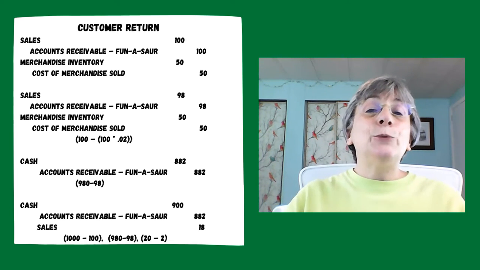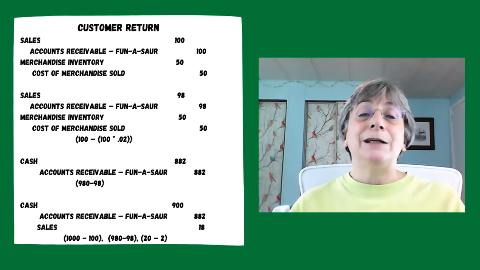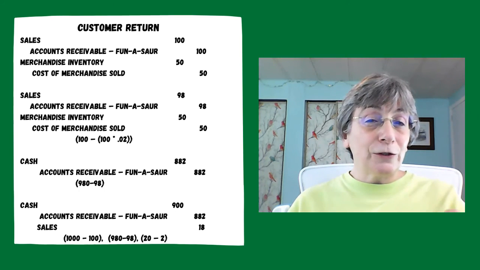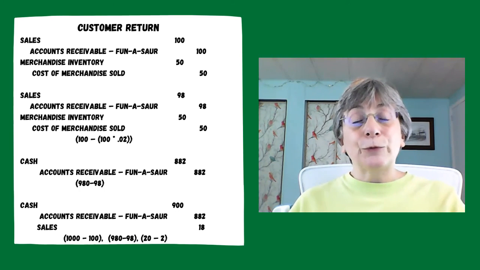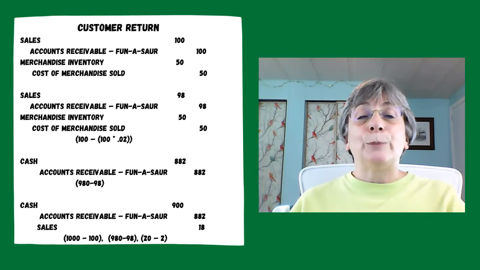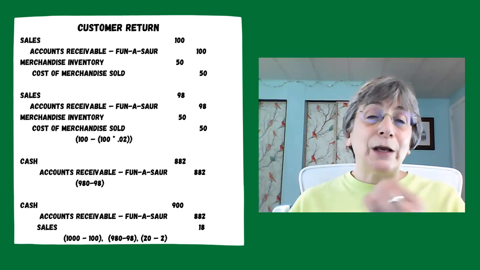And we now need to increase sales by the amount of the discount that they did not take. So $20 was the discount on the original amount, and $2 was the discount on the amount that they returned. So $20 minus $2 gives us $18 more in sales revenue.